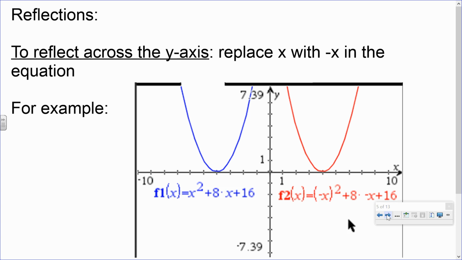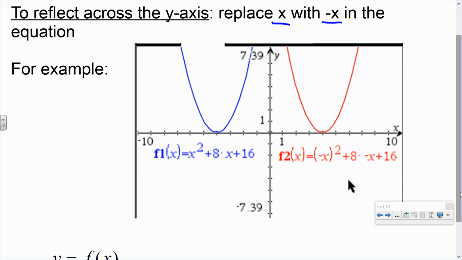So before I talk about the algebra, if I had this blue function and I flipped it to the other side of the y-axis, instead of the vertex at -4, 0, it would come over to +4, 0. Do you see how the red one is where the blue one has been flipped to the other side of the y-axis? The algebra of that is change x to -x in the equation.